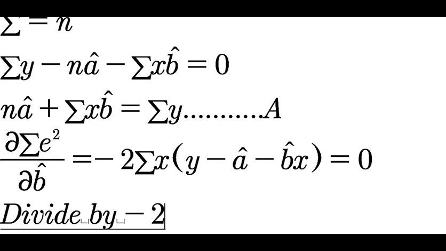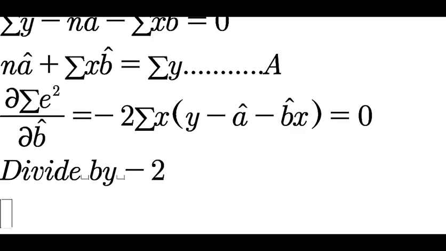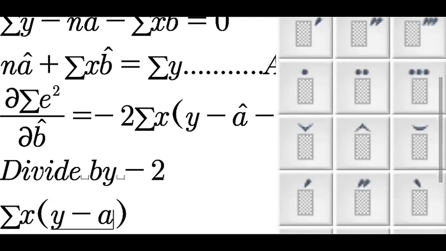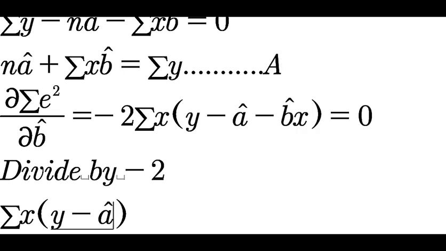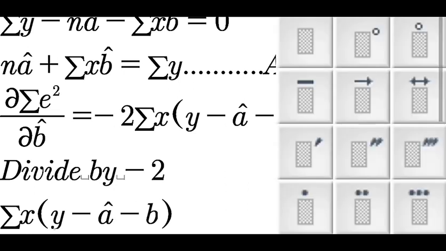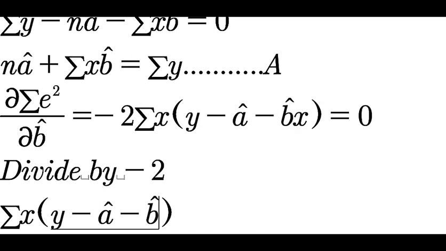So minus 2 cancels, and we have summation x of y minus a hat minus b hat x equal to 0.